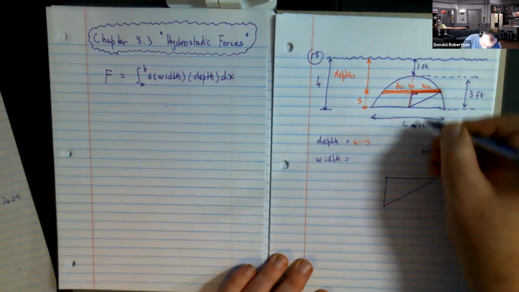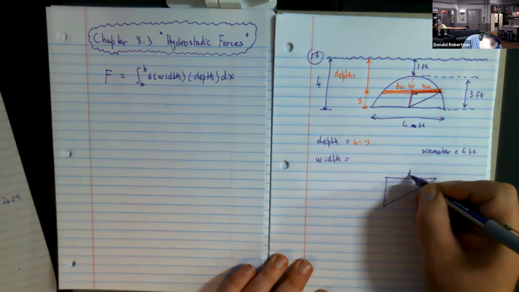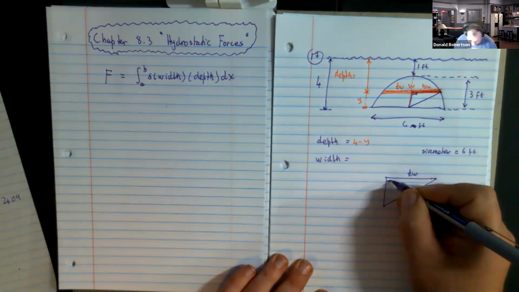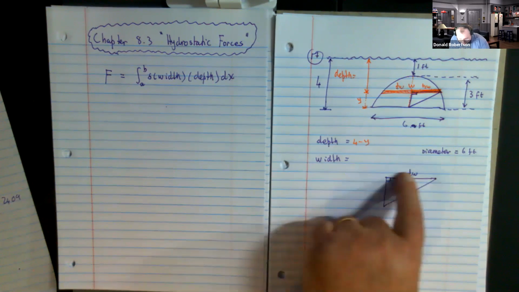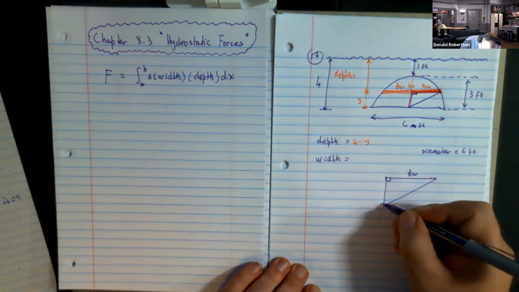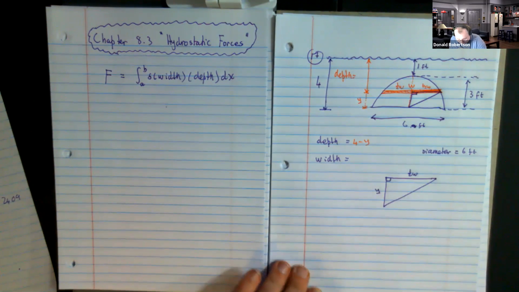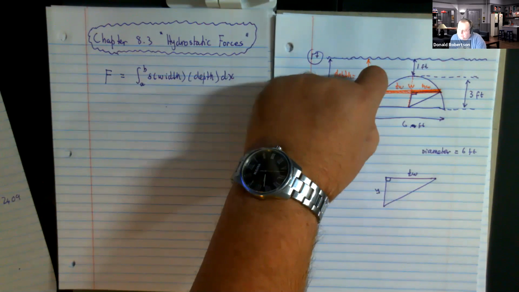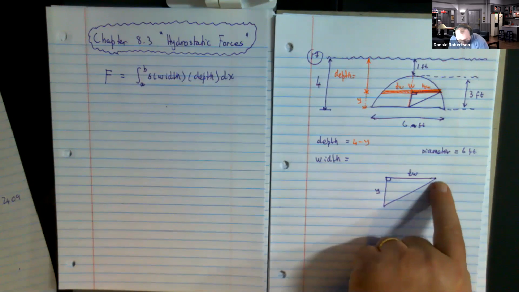Now let me draw it separate because there's so much other stuff. Imagine this guy is this guy. Isn't that guy a half W? Isn't this guy y? What's this guy? And he's a number.